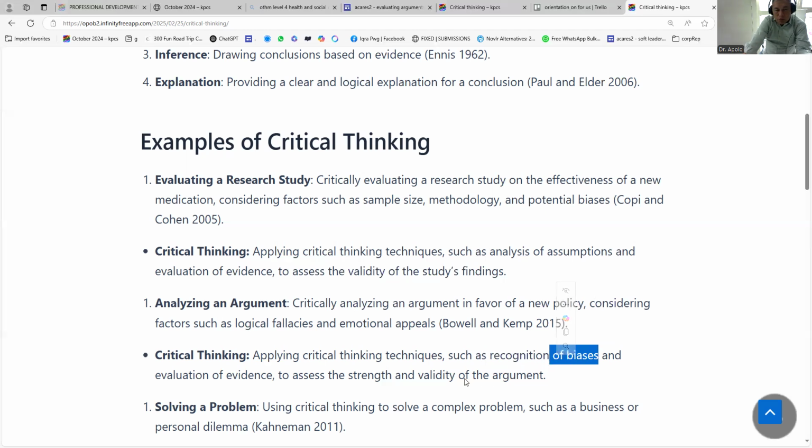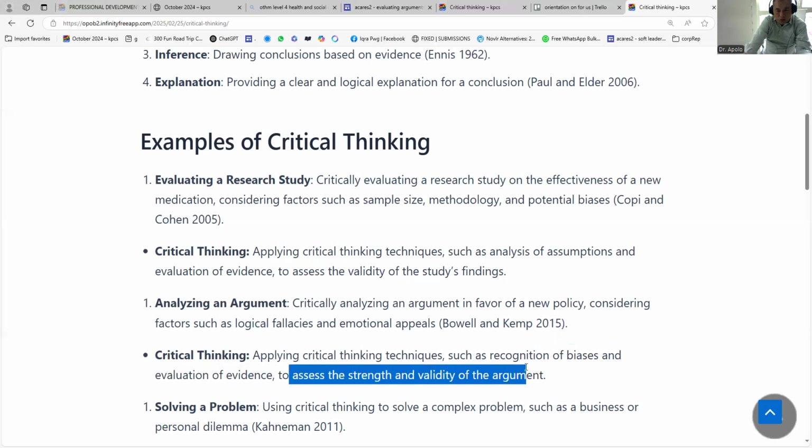And evaluation of evidence, comparing to the already established, because evidence has a list of accepted evidence. And if they are not there, then it taints the correctness. So again, critical thinking to assess the strength and validity of the argument.